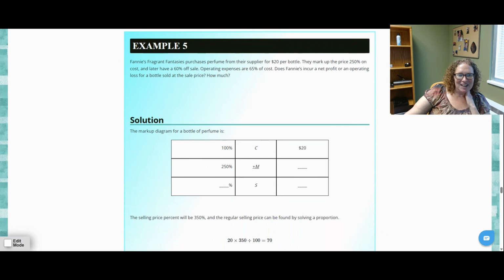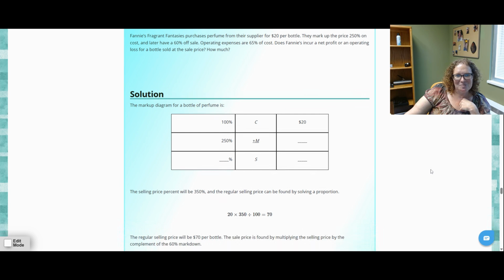Another one, Fanny's Fragrant Fantasies. I love that. Purchases perfume from their supplier for $20 per bottle. They mark up the price 250% on the cost and later have a 60% sale. Operating expenses are 65%. Does Fanny's incur a net profit or an operating loss for a bottle sold at the sale price?